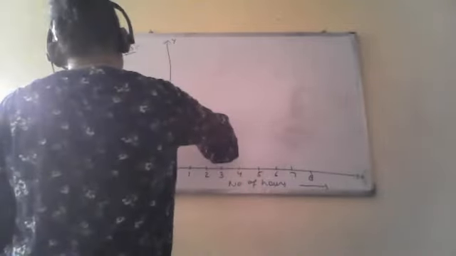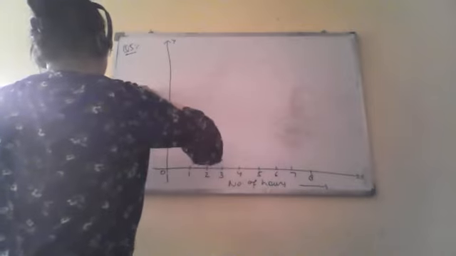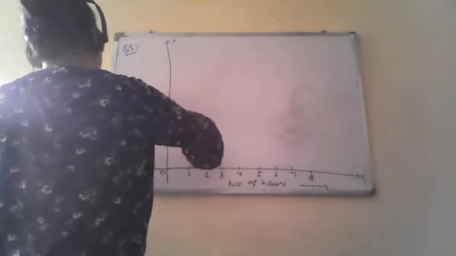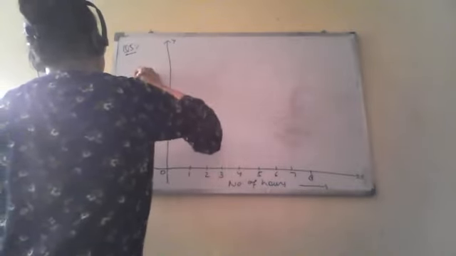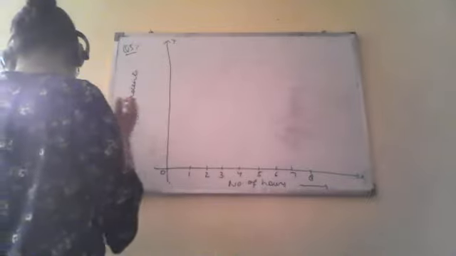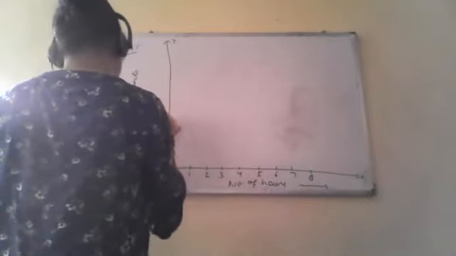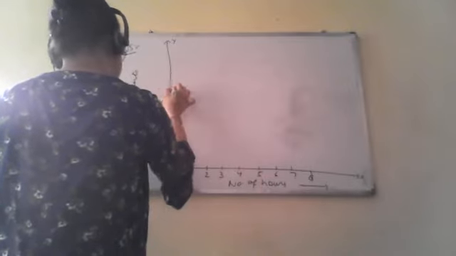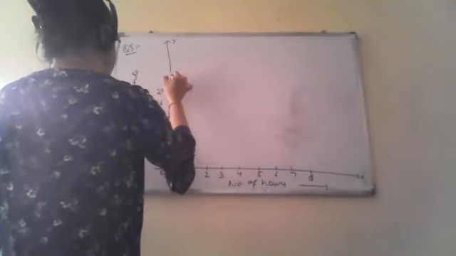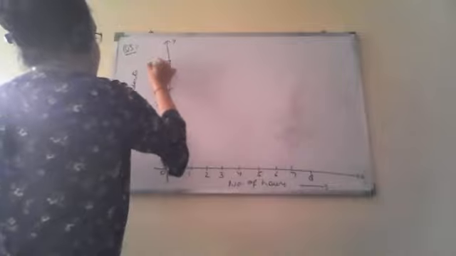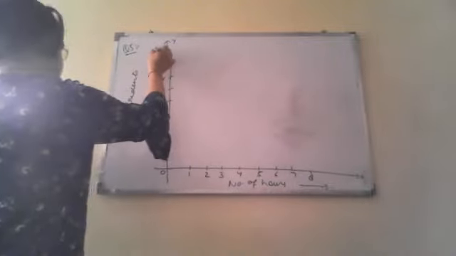On the y-axis they have taken the number of students. Here they have taken 4, 8, 12, 16, 20, 24, 28 and 32.